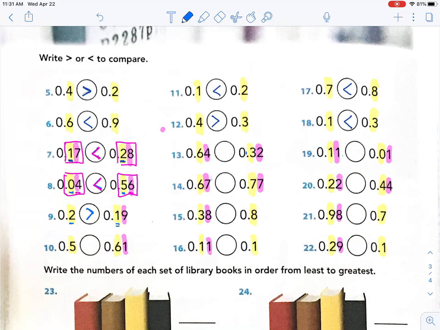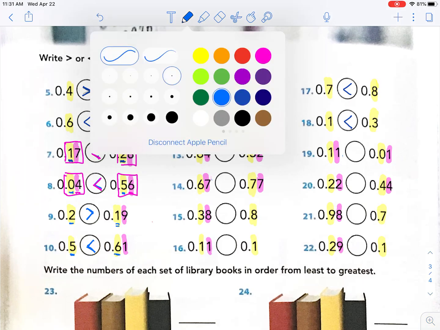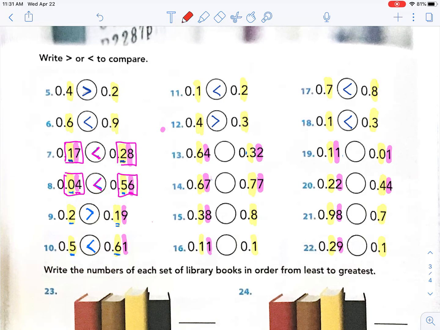Got it? All right. What about number 10? What's more, 5 tenths or 6 tenths? 6 tenths. So I know that 5 tenths is less than 61 hundredths. Now, for the sake of learning this, let's look at this as hundredths. This doesn't have a hundredth, Mrs. Kornthal.